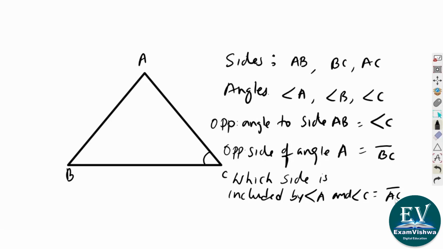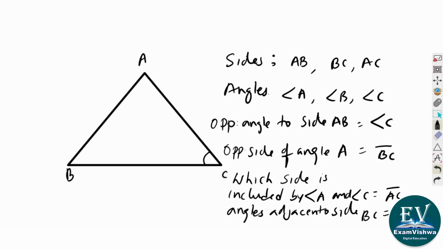If I ask you which are the angles adjacent to side, for example BC, then you will say angle B and angle C.